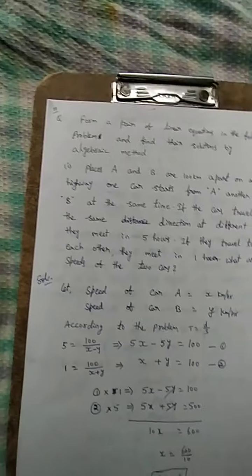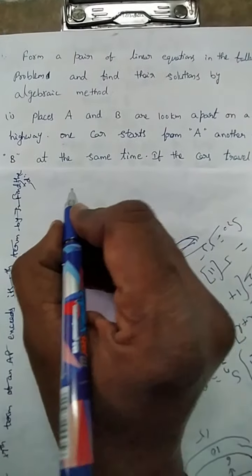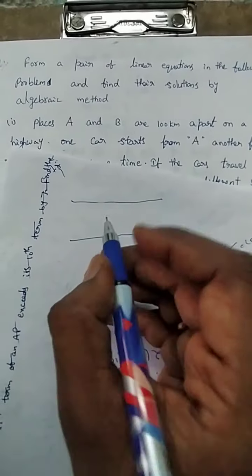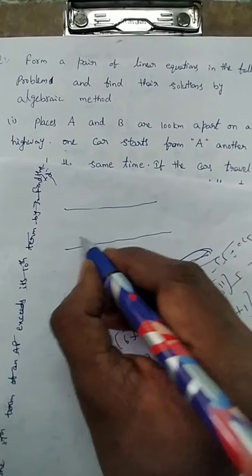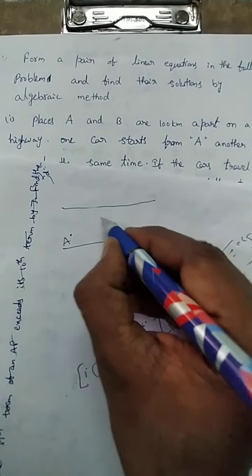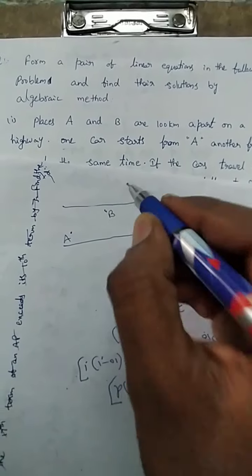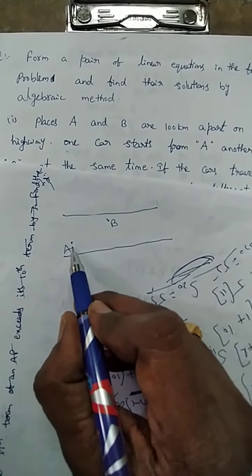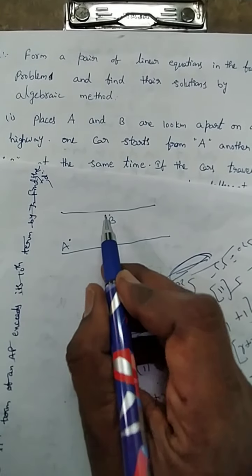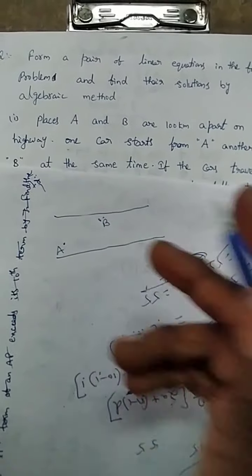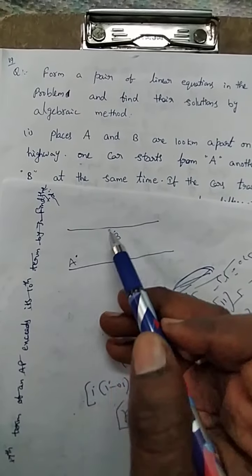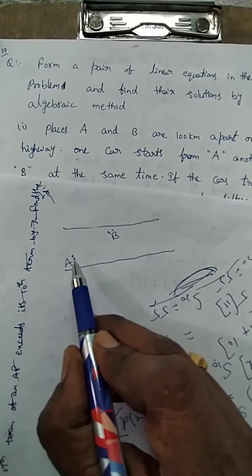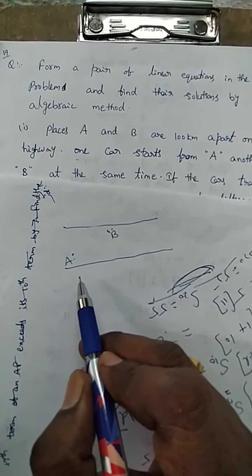So we will observe it. This is a highway road. Two cars are standing, one on point A and one on point B. These two cars start their journeys from this point and this point with different speeds.